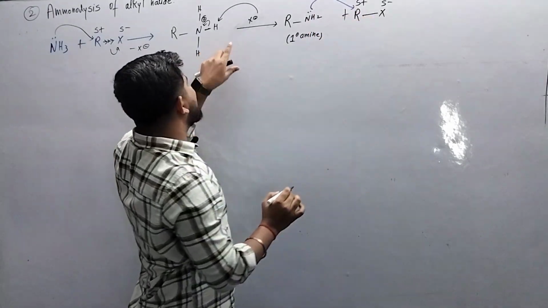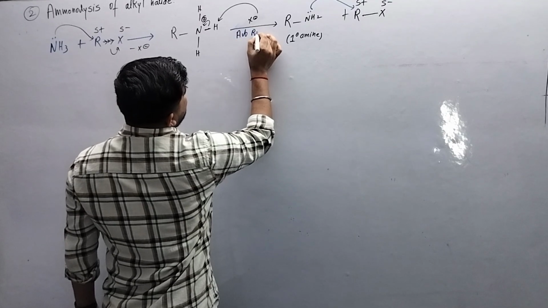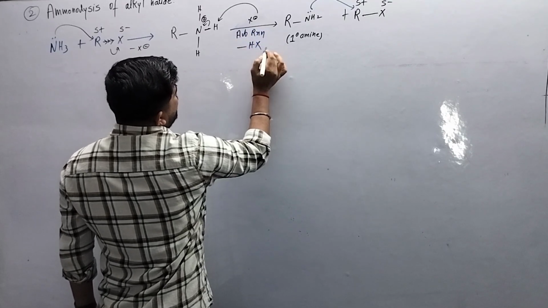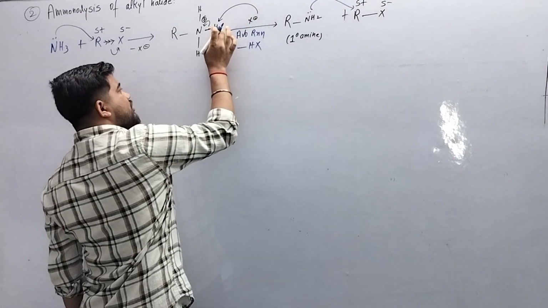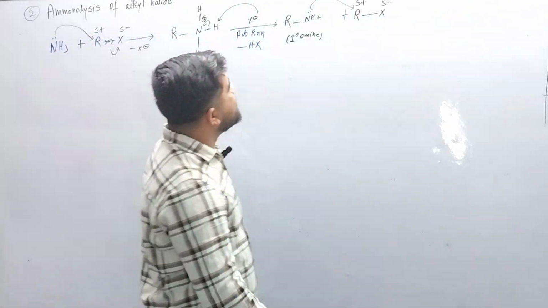Here the second step of the reaction is an acid-base reaction. The eliminated product is HX: X minus donates electrons to H plus, and the product eliminated is HX. Okay.